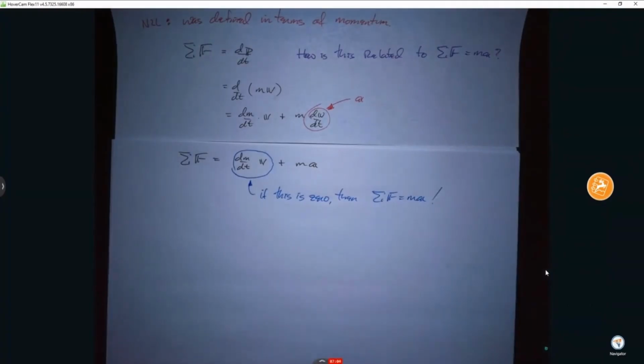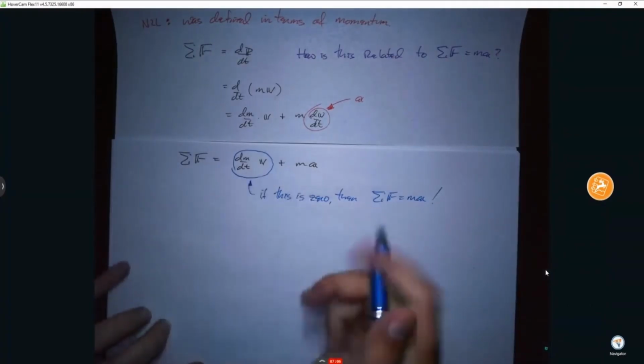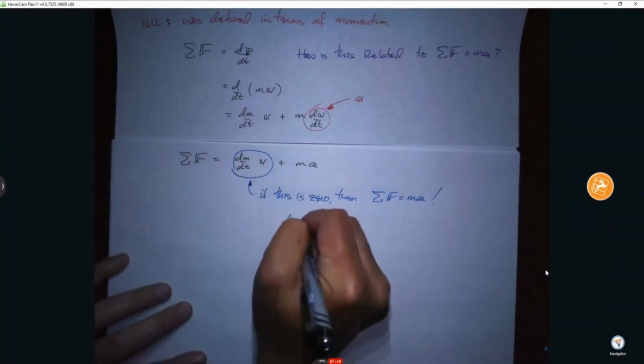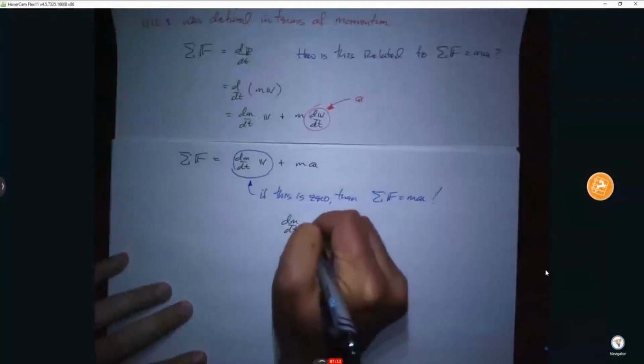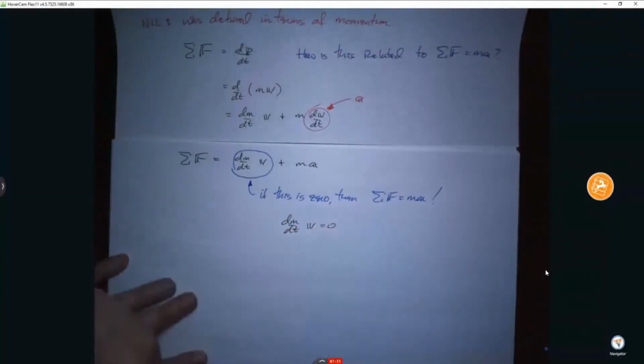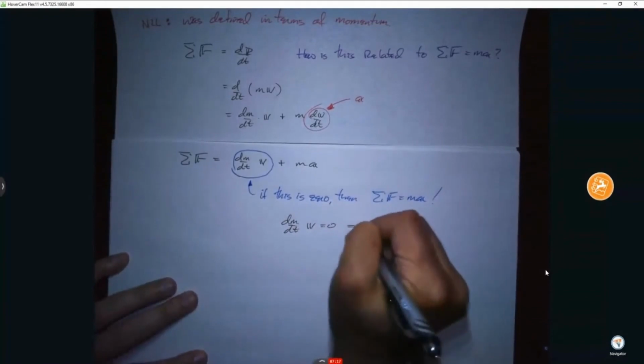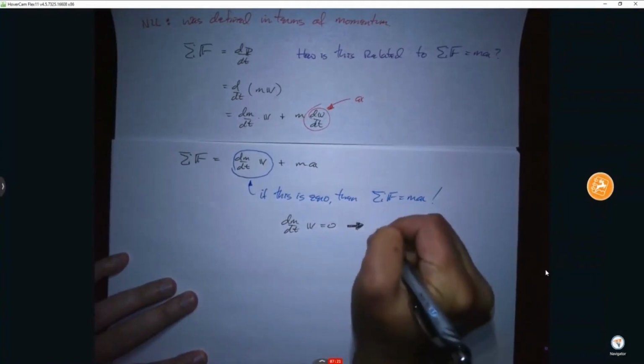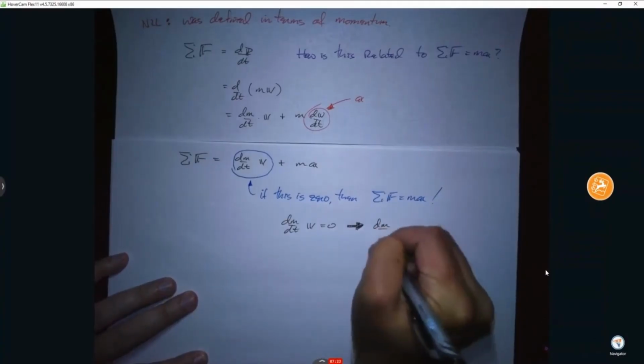This is a product of two terms, the time derivative of the mass times the velocity. If we set that equal to 0, then that implies that either the first term is 0 or the second term is 0 or they are both 0.